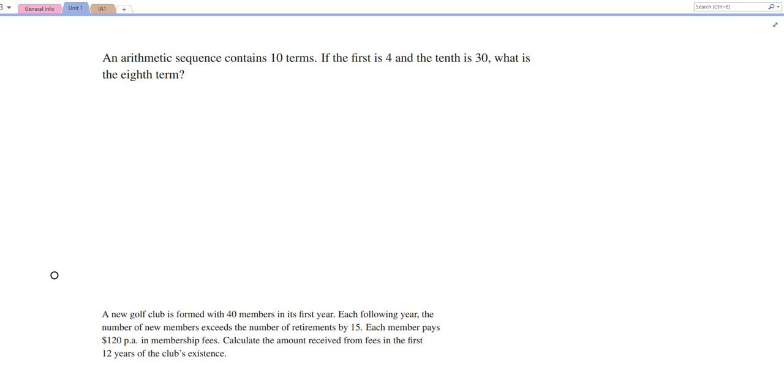An arithmetic sequence is a number pattern where it goes up or down by the same amount each time. Sky, what's a series? The sum. So that first question there: an arithmetic sequence contains 10 terms. If the first is 4 and the 10th is 30, what is the 8th term?